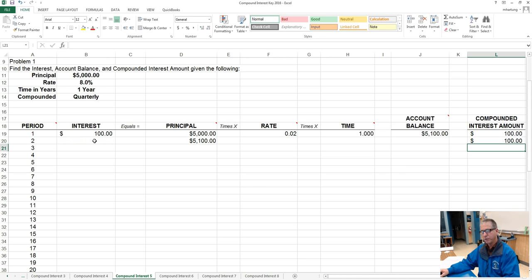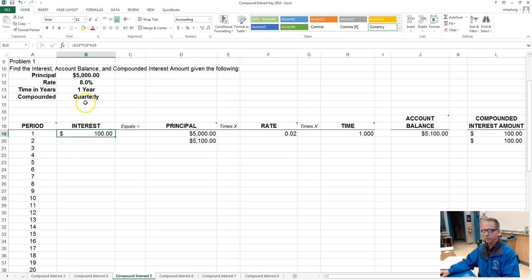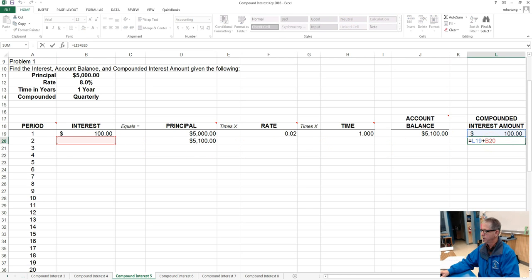But now that we have all of these formulas in, we can save some time by using the copy or fill handle, and we'll expedite the calculations here. So you can imagine, if we start doing this for 5 years, 5 times 4, we'd have to go down to 20 periods. But because of the magic of Excel and that we've put all these references in, here's a double check: make sure you've got a formula there that looks like that.